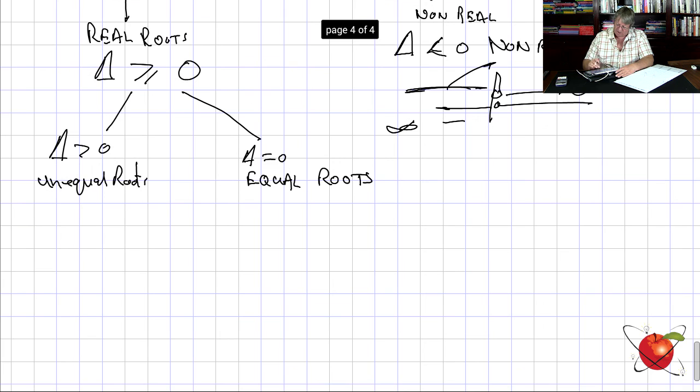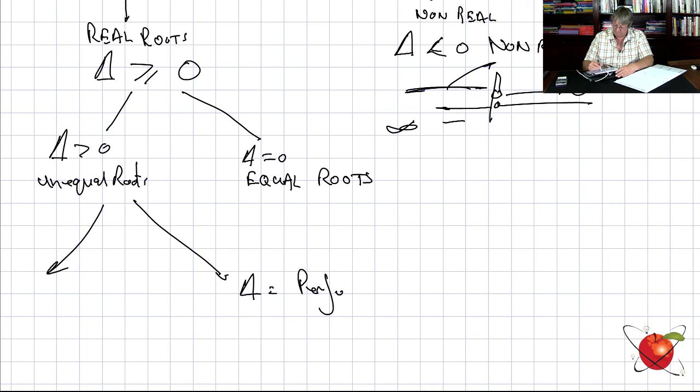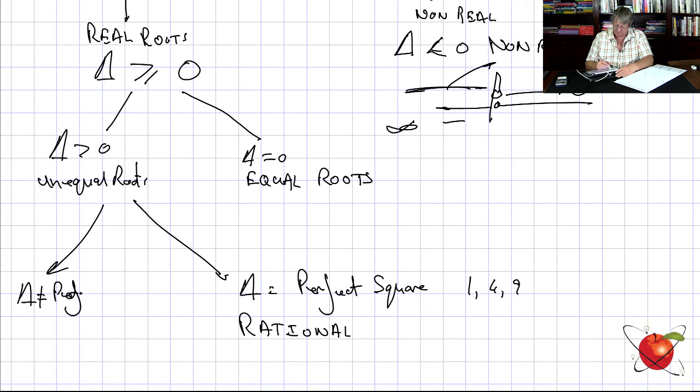The unequal roots I'm going to split again, and I'm going to say delta is a perfect square, 1, 4, 9, etc. Then the roots are rational. And delta not equal to a perfect square, the roots then are irrational.